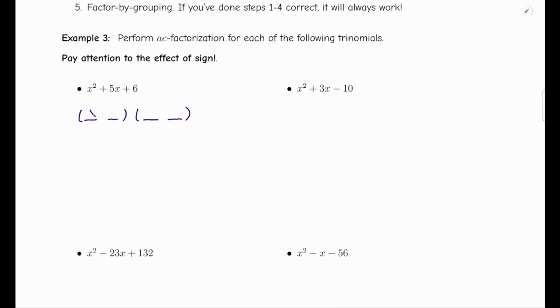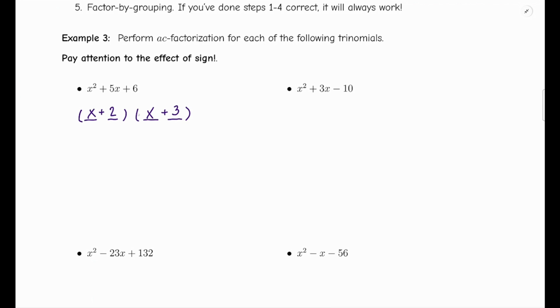That would be x and x. Then what times what is 6? Well, that would be 2 and 3. It could have also been 1 and 6, though. So be careful there. And then this is where the check comes into play.